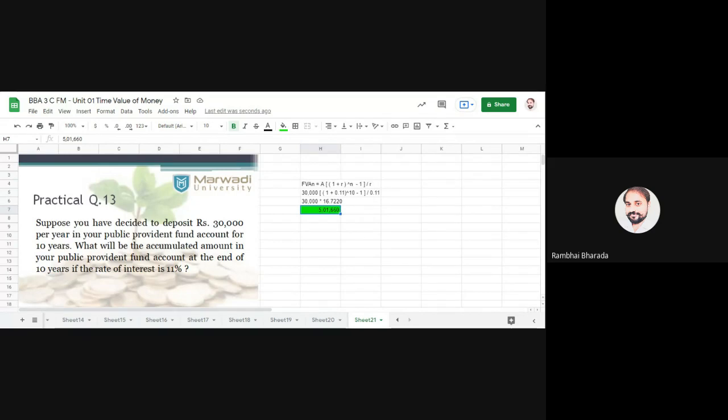Just look at the table and put in the values. But please remember, the table value represents only the bracket values. Always multiply that particular value with the particular amount. It may be a principal amount, a future amount, or an annuity amount. Are we clear up to this, everyone?